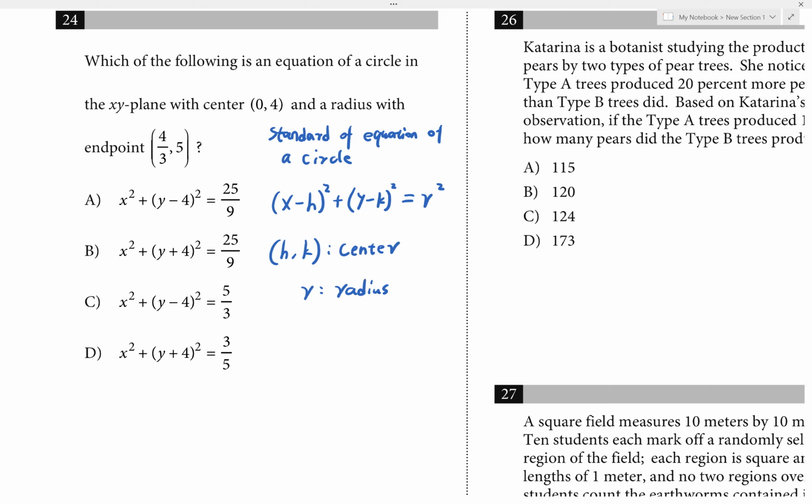So we know for this question, the center is 0, 4. So that will be h comma k.